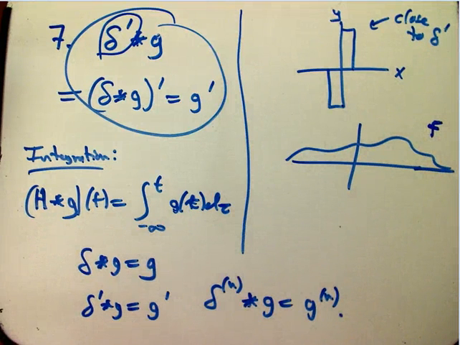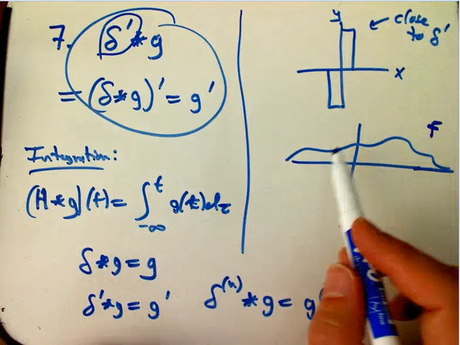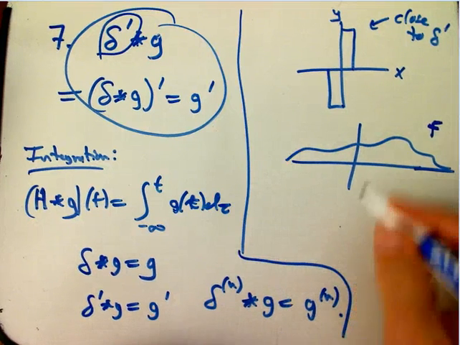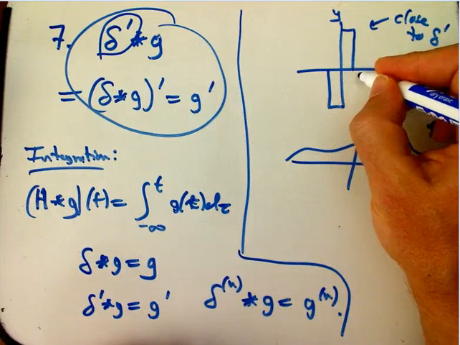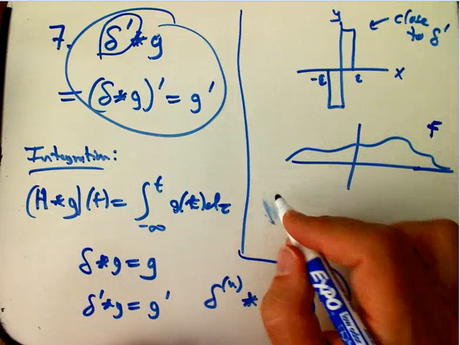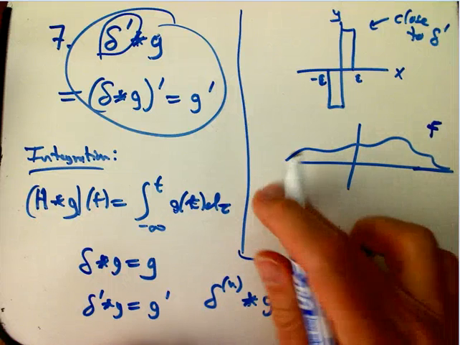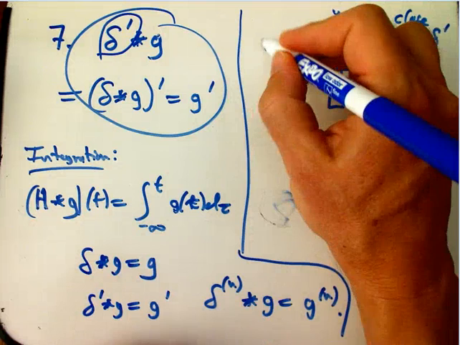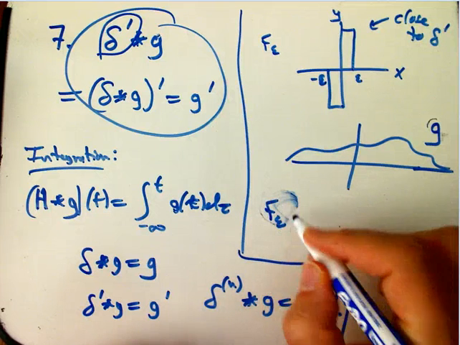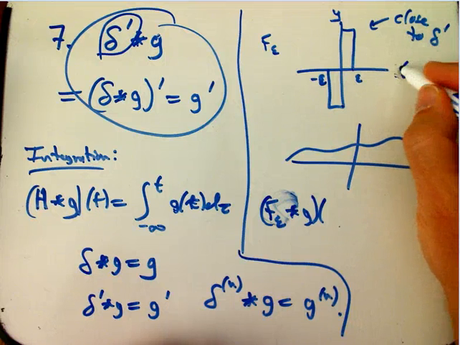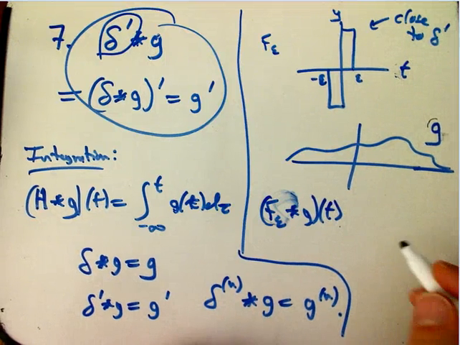You're going to take that and flip it and scan it across the function, between minus epsilon and epsilon. Let's call this g, and let's call this f sub epsilon. You're going to take f sub epsilon star g, and I've been using t and tau consistently because I'm looking forward to doing this with Duhamel's principle.